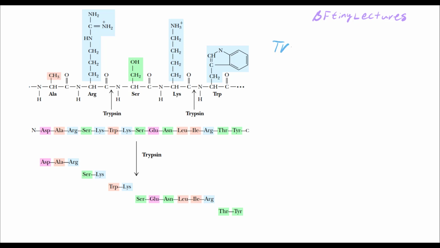So trypsin cuts kind of like the C terminal bond, I would say, for arginine and lysine. Okay, so you'll notice that arginine and lysine are actually basic groups, okay? So these are polar, but they're basic. And that's pretty cool. Why is that?